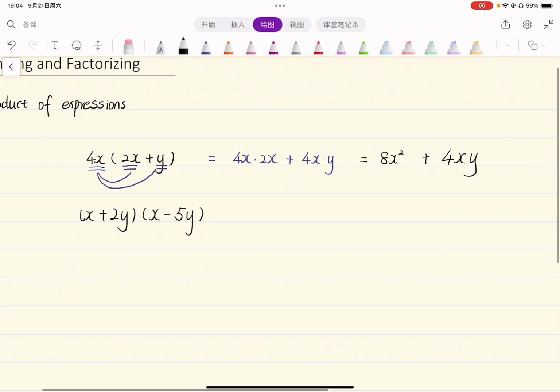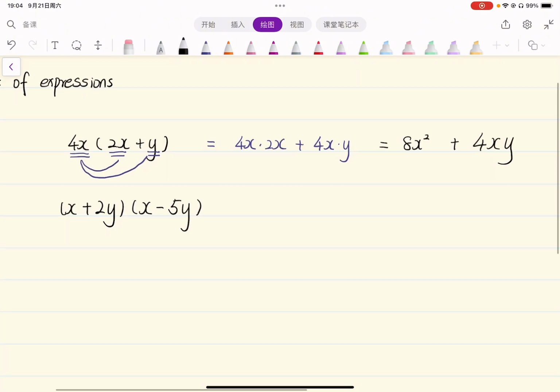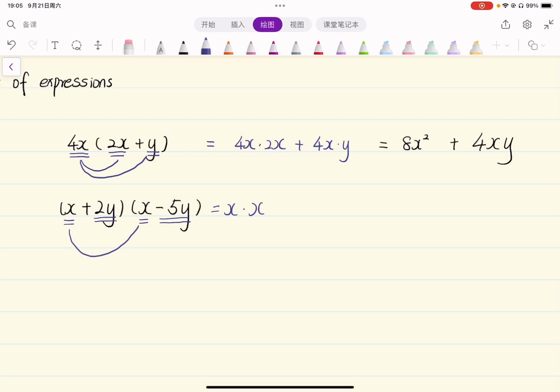So how about the second question? In the first expression, we have two terms, that is x and 2y. And in the second expression, we have two terms, which are x and minus 5y. So we multiply them. The first we multiply is x times x.